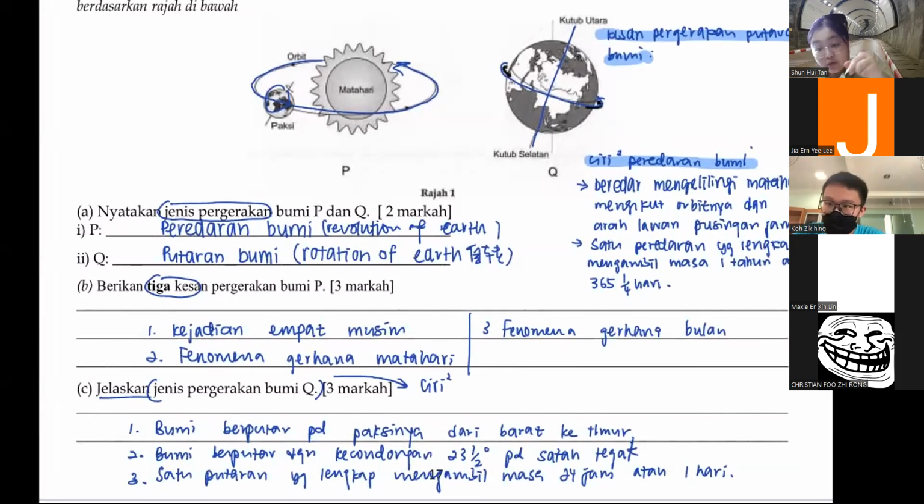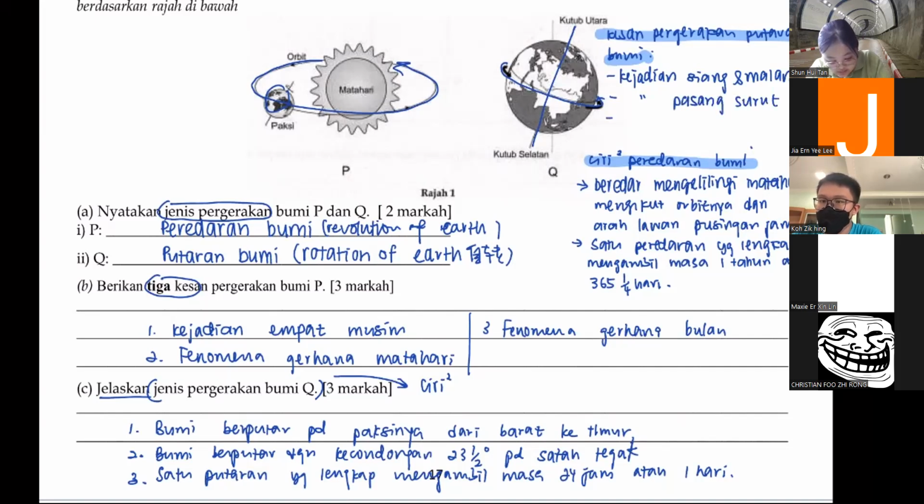Now, if it is the rotation of Earth, then you will see day and night, kejadian siang dan malam. So when you are answering the questions, read properly. Is this putaran or peredaran? It's different. And then you have what? Kejadian pasang surut, high tide, low tide.